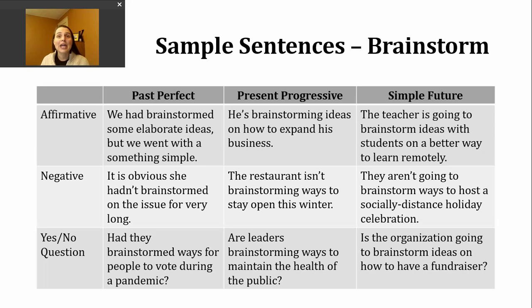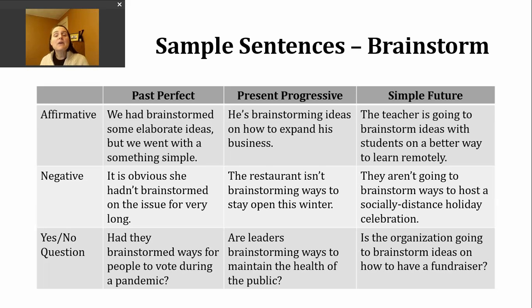Let's take a look at an affirmative example. We had brainstormed some elaborate ideas, but we went with something simple. Okay, so again, this idea of generating new ideas, and maybe these ideas were complex. All of that occurred before they made a decision to do something rather simple.